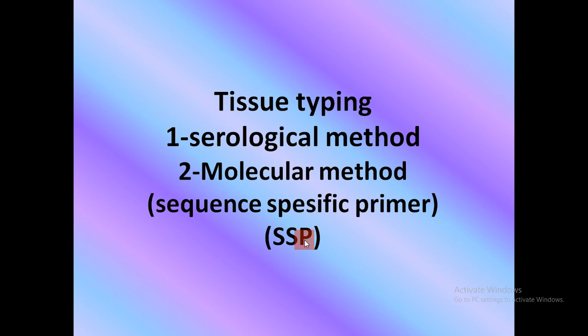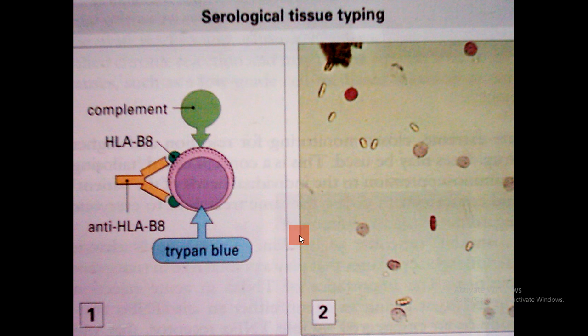The last function is using lymphocytes in tissue typing, whether by serological method or molecular method, as mentioned in the lecture, sequence-specific primer. In the serological method, which is the Terasaki method or HLA typing, here we have the lymphocyte, and on its cell surface, as you know, are the HLA molecules. Here, for example, HLA B8.